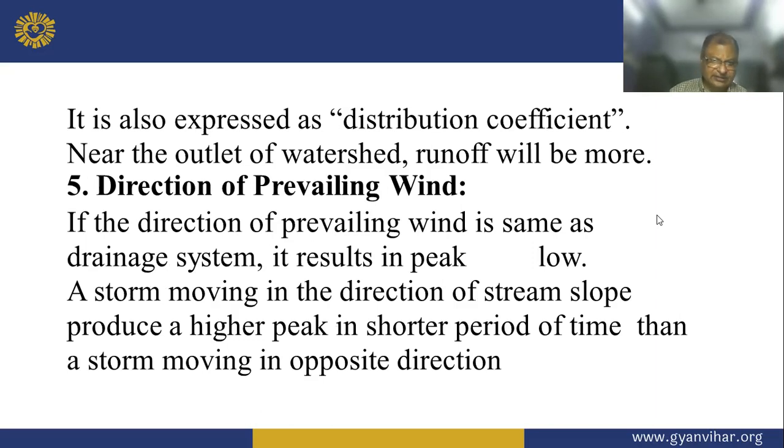If the direction of the prevailing wind is the same as the drainage system, it results in a higher peak and low time of concentration, producing a higher peak in a shorter time than storms moving in the opposite direction.